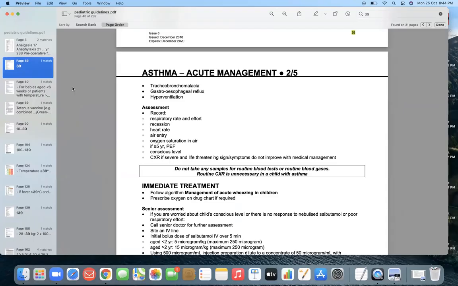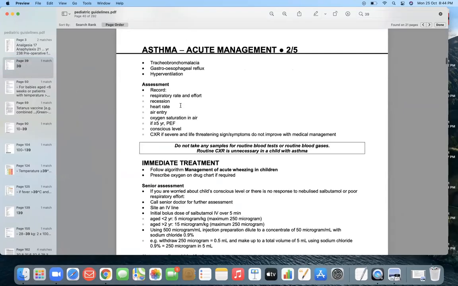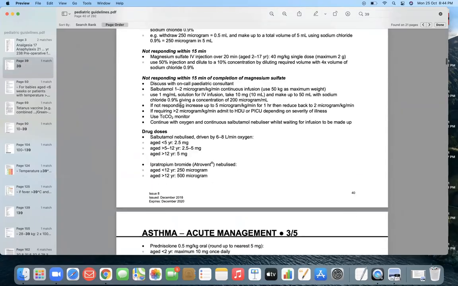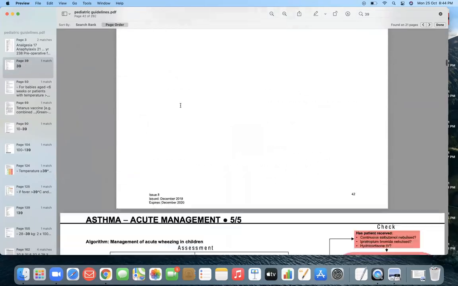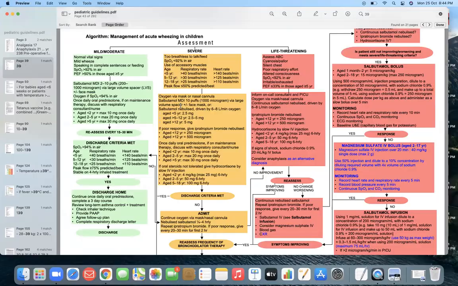See, my doubt is in this page, in the last page. Here, in the severe asthma, he has told that you will give salbutamol metered dose inhalers, 10 puffs via large volume spacer plus or minus face mask, or salbutamol nebulized driven by 8 liters per minute.